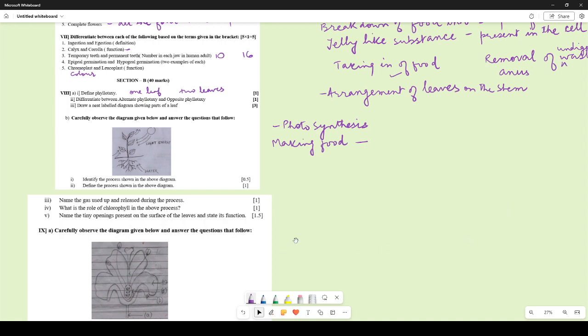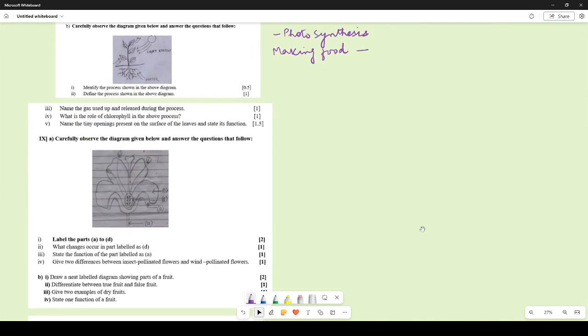Then name the gas used up and released during the process. Many of you have written only one gas. No, the gas which is used up is carbon dioxide and the gas which is released is oxygen. So you have to mention both of them. What is the role of chlorophyll in the above process?